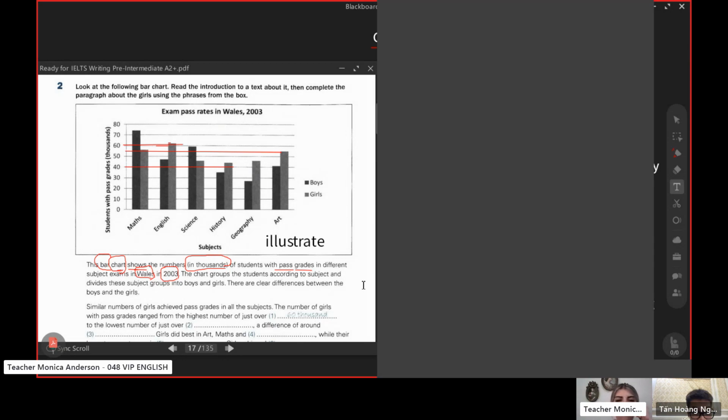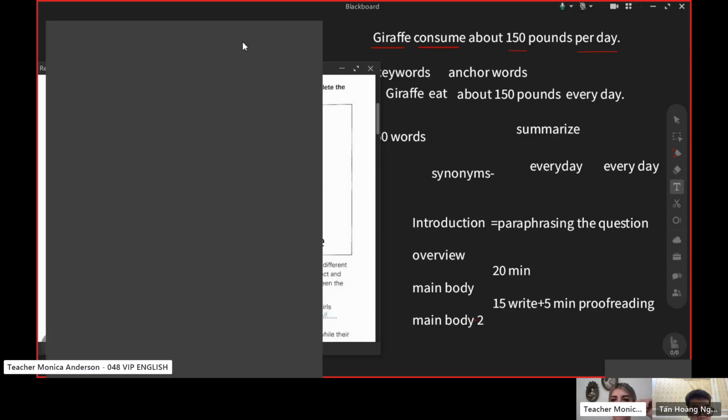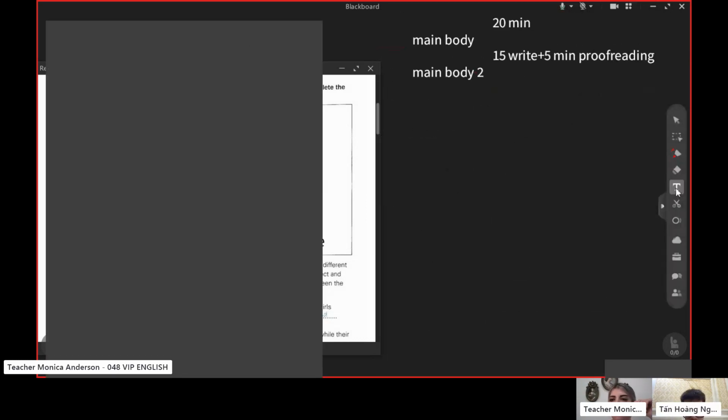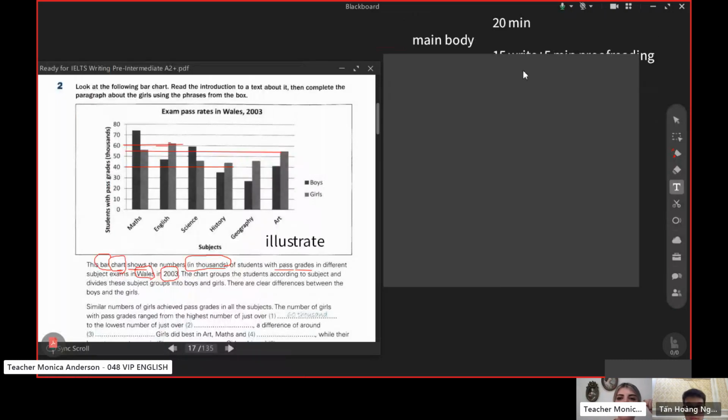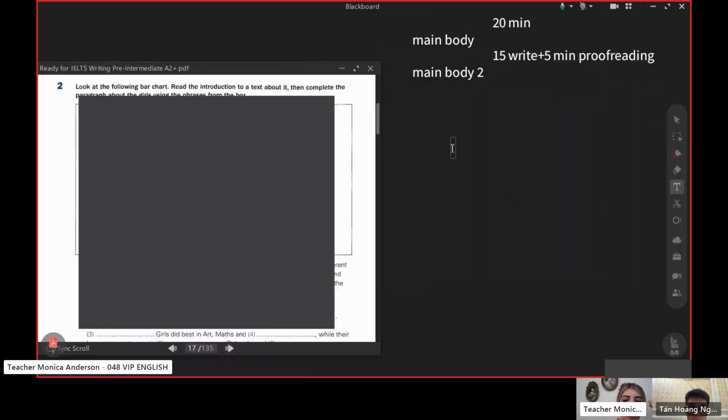The bar chart above. Of course, you don't need that. If I were you, I would write, let me write something here. I need to change the colors to white and black. The given chart, instead of the chart above, I would say the given chart.